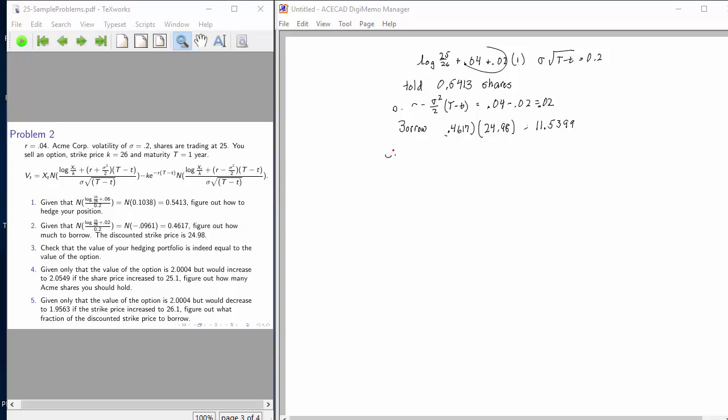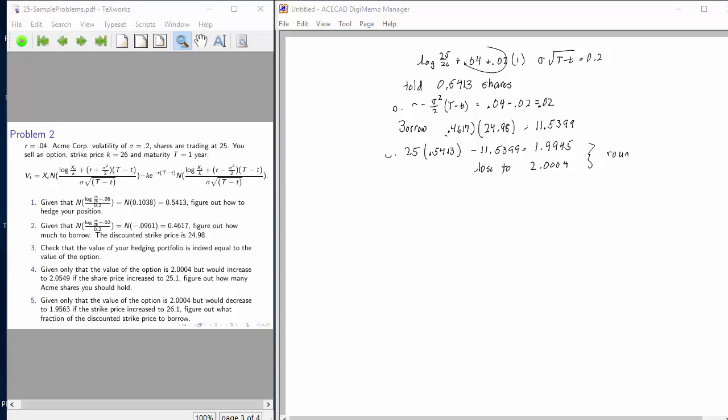Why is this reasonable? Because when I take the current value of the shares and multiply by the fraction of one share that I own, and then subtract off from that the amount that I now owe the bank, I get 1.9945, and this is very close to the current option value, which is a tad over $2.